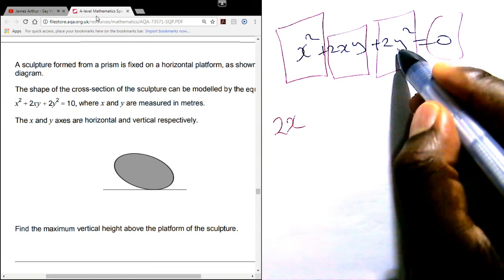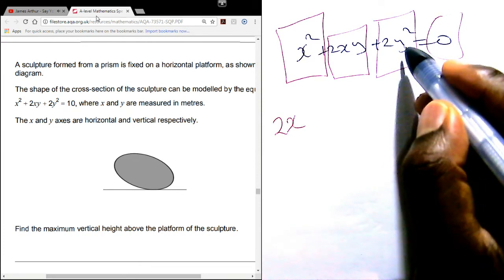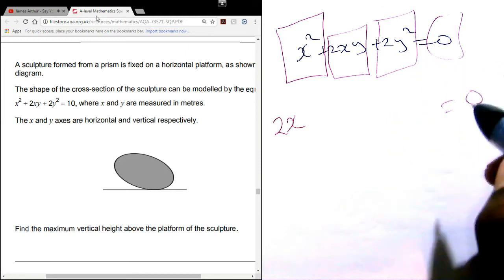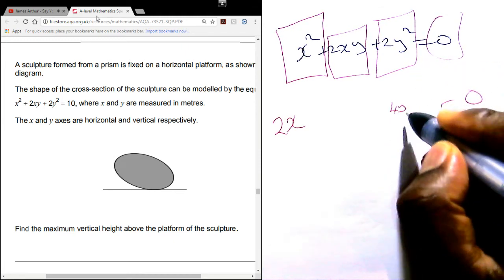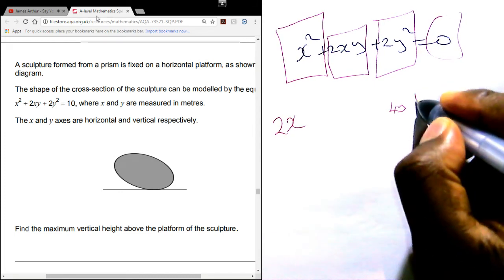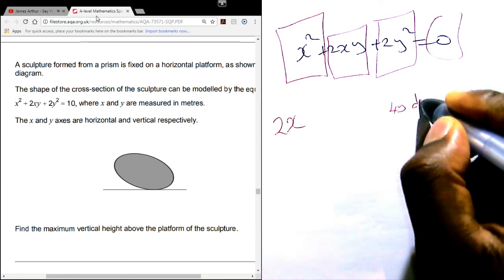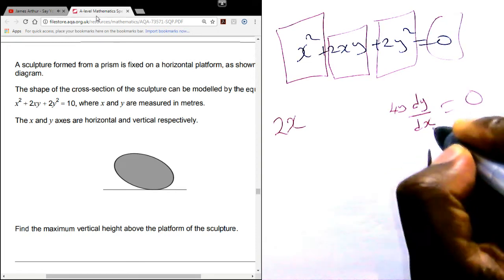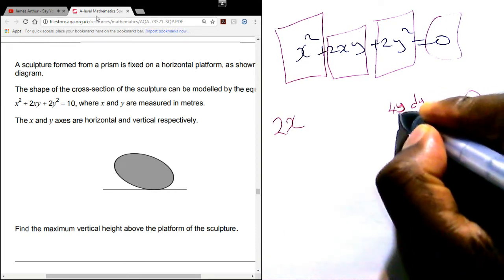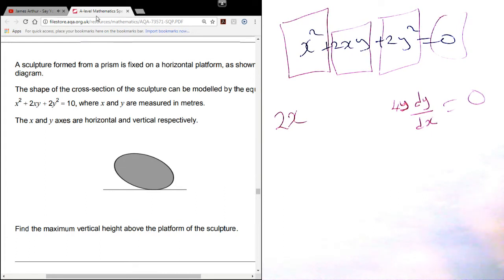If I differentiate 2y squared, normally we would get 4y, but because it is not supposed to be differentiated with respect to y, we put our guilty conscience there by putting dy dx beside it, to say, I'm so sorry, I thought you were an x. So it's going to be 4y dy dx.